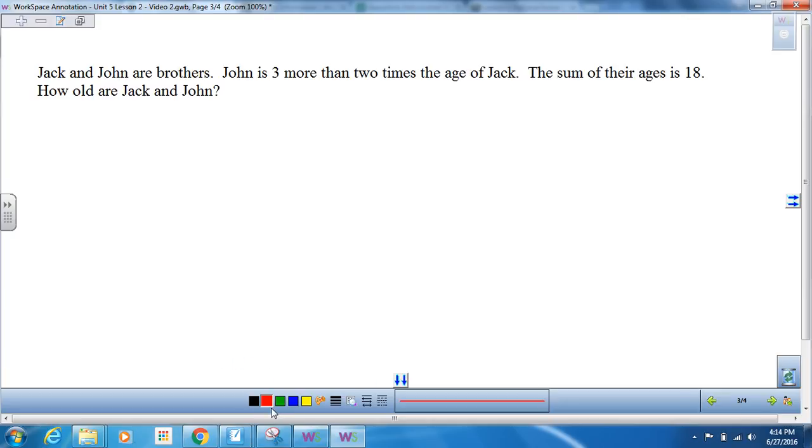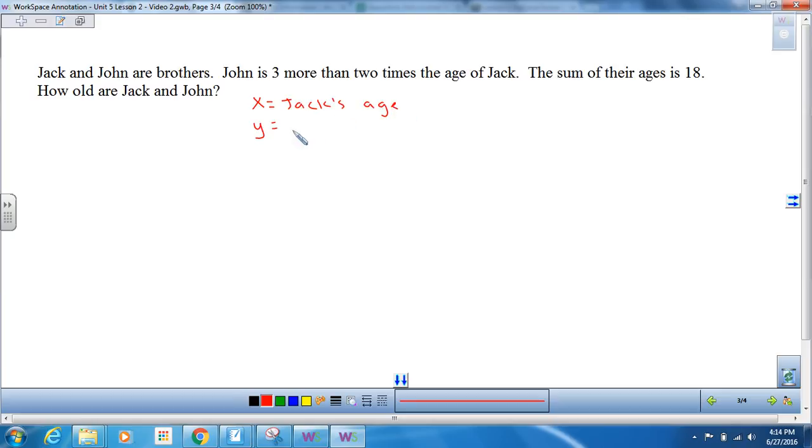Okay, Jack and John are brothers. John is 3 more than 2 times the age of Jack. The sum of their ages is 18. How old are Jack and John? Okay, so I need 2 variables, and in this case, it's not length and width. No, I'm not going to use L and W. I'll just use X and Y. So let's say X is, it doesn't matter, Jack's age.